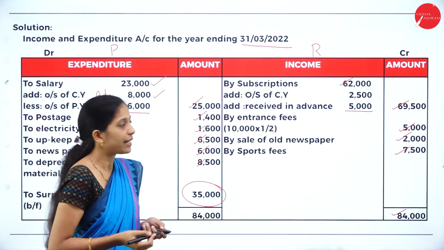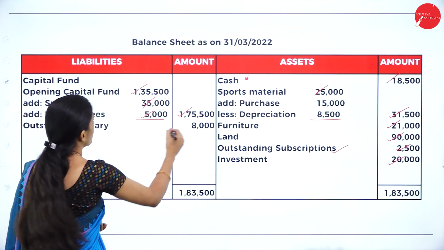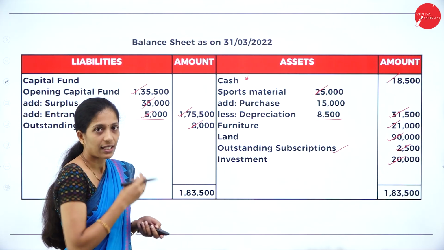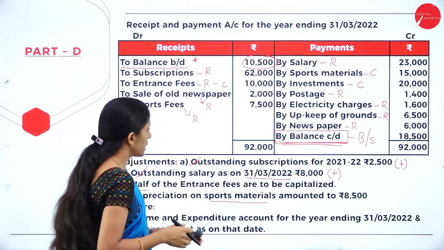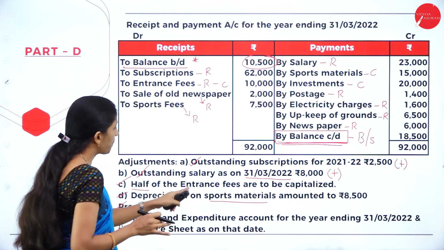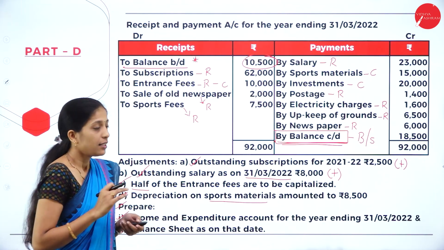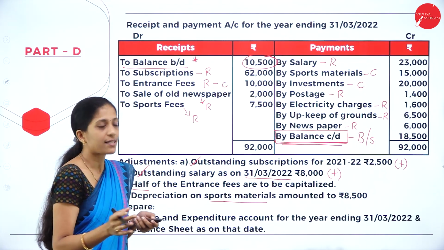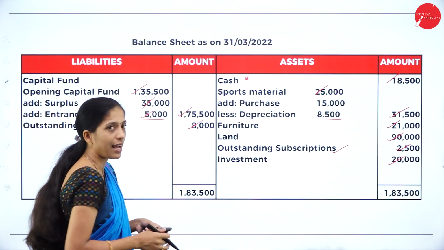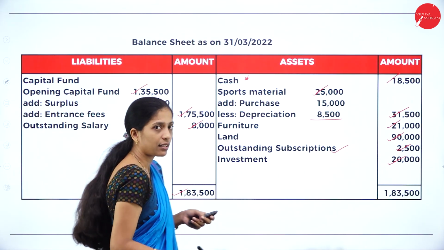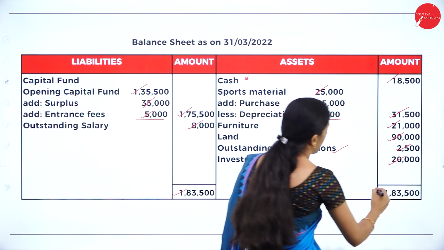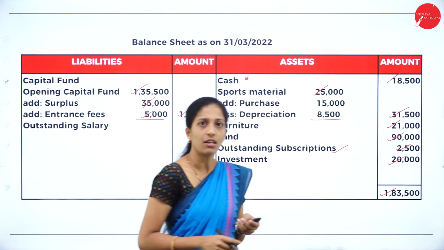Outstanding salary 8,000 on the liability side. Half of the entrance fees we have taken twice. Depreciation we have taken. Now balance both sides and the balance sheet should tally. If you add all the liabilities, we get 1,83,500. If you add all the assets, it is 1,83,500.